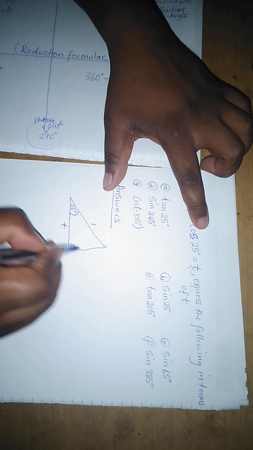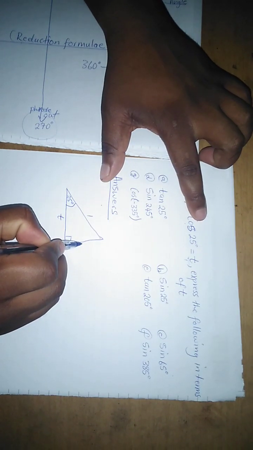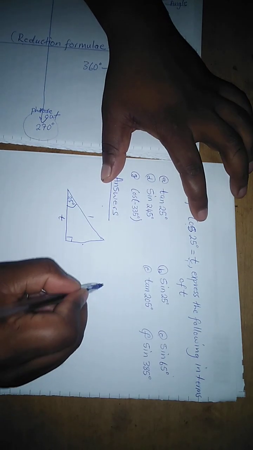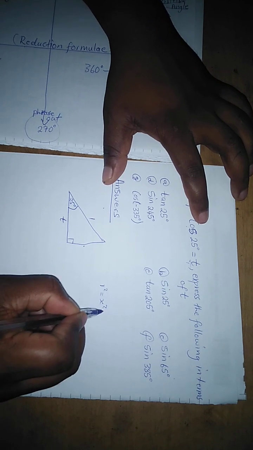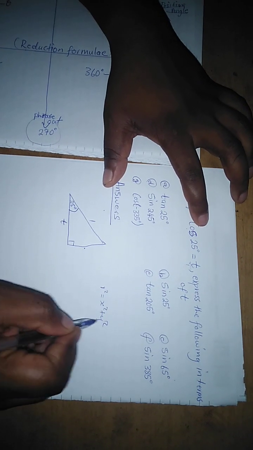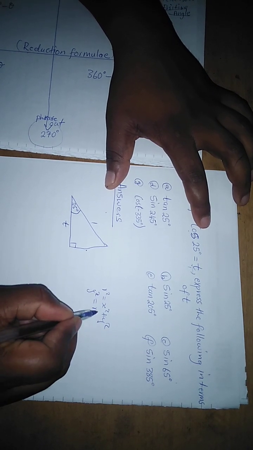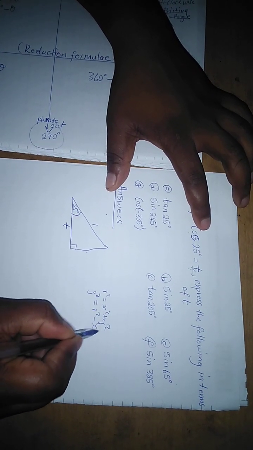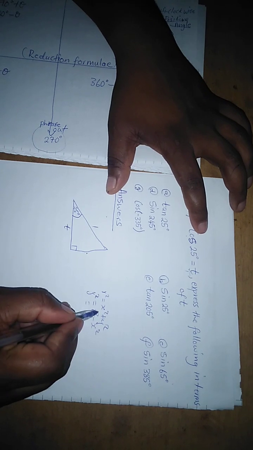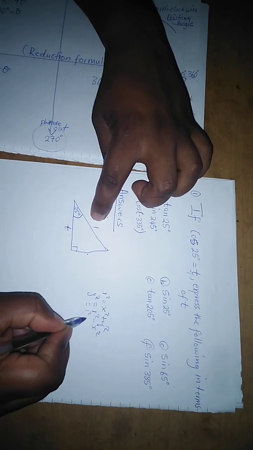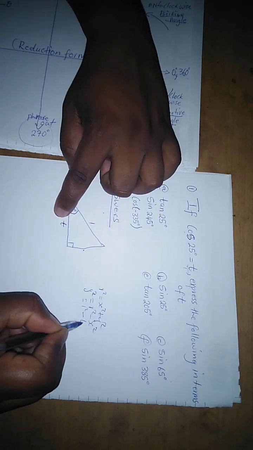I must use the Pythagorean theorem to find the third side. That means r squared is equal to x squared plus y squared. I'm looking for y squared, so y squared is equal to r squared minus x squared. R squared is 1 squared, minus t squared.